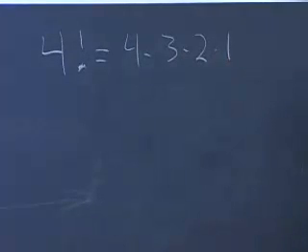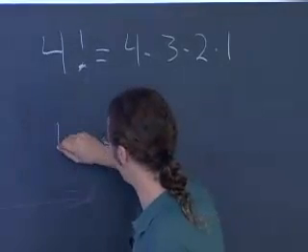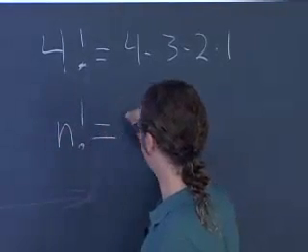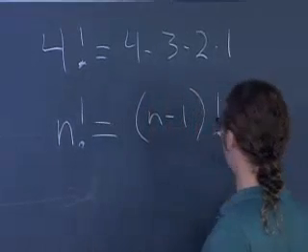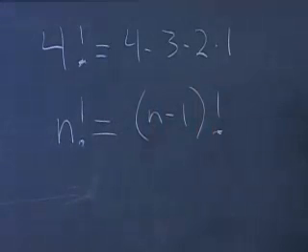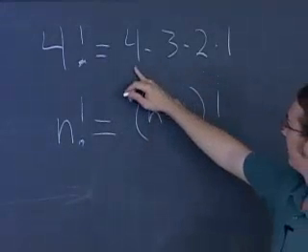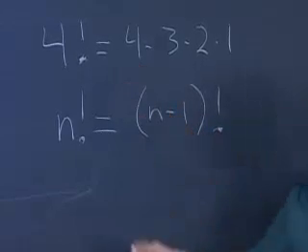So the way this is defined is actually recursive. If you take anything factorial, say n factorial, it is n times n minus 1 factorial. Let's say n is 4, and then n minus 1 would be 3.